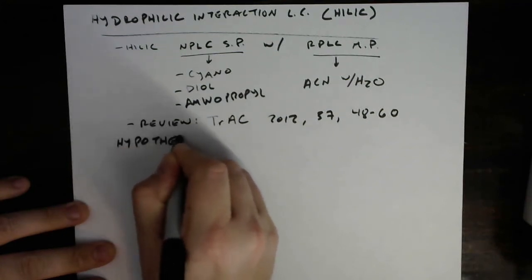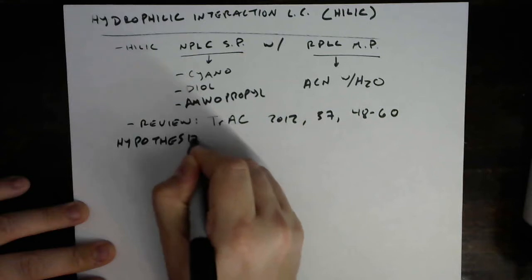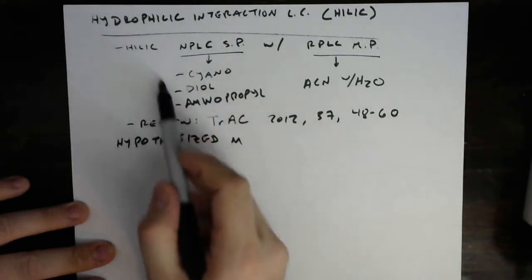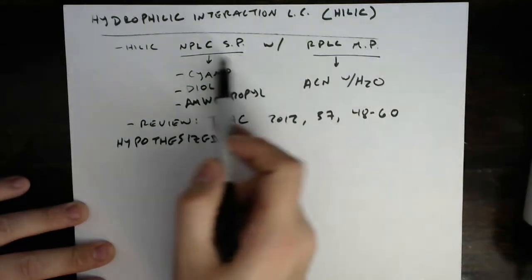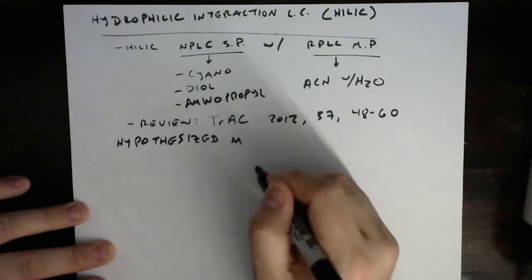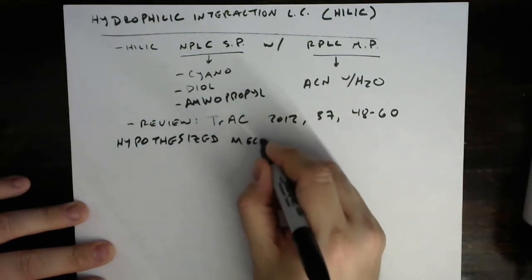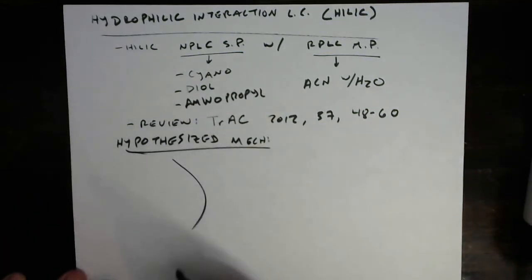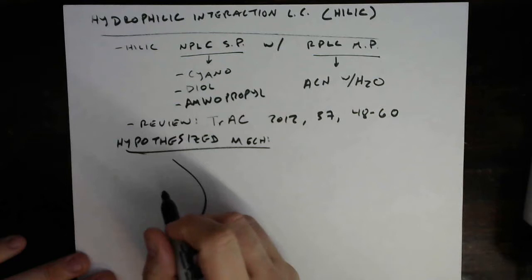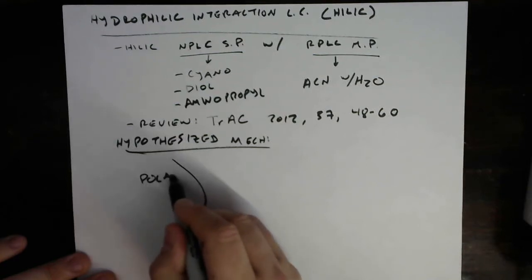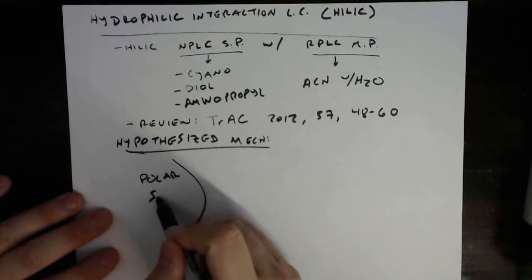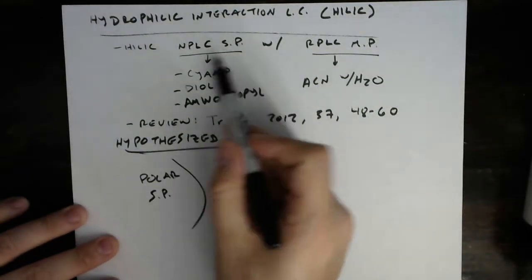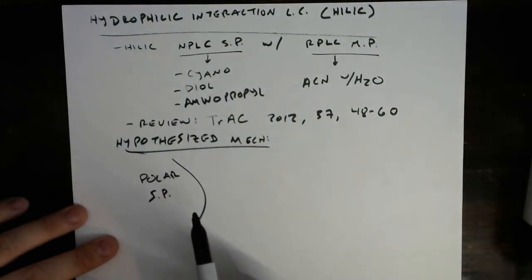That would allow something that seems kind of nonsensical, right? Incompatible stationary phases and mobile phases to actually do anything for you. So here's the hypothesized mechanism. The idea is this. You have a stationary phase. It's a polar stationary phase, functionalized at the surface with our normal phase type surface functionalization.